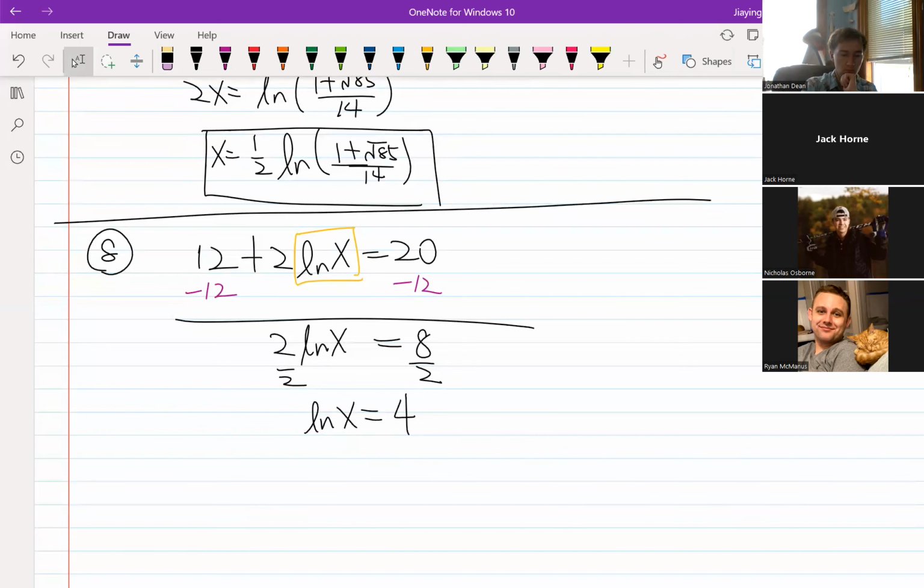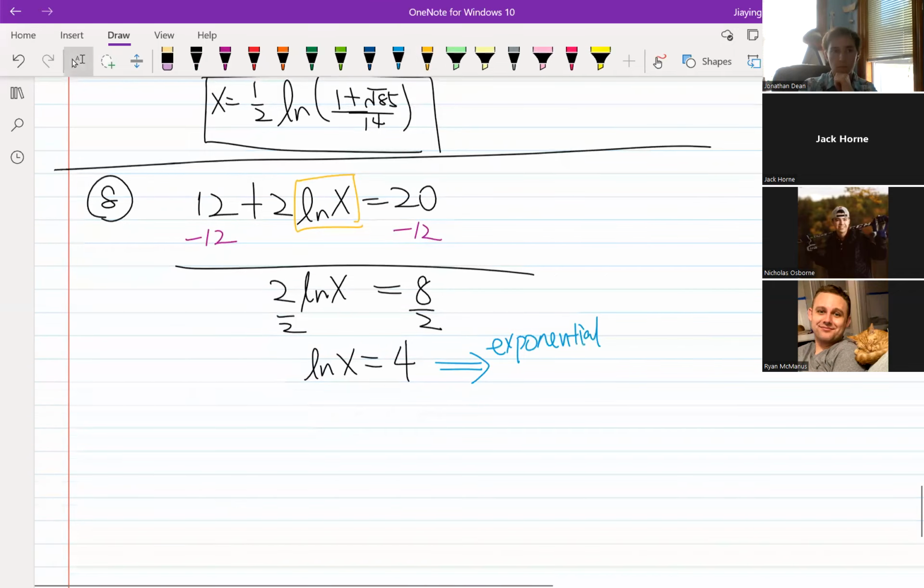Right? Okay, so what do we do from here? We need to get the x out of there. Well, there's a couple of things we could do. This is a logarithmic, so we can convert this to exponential. When we want something out of the log, we convert it to exponential. When we want something out of the exponential, we can convert it to log. So if I convert this to an exponential equation, this is the log base e, remember?